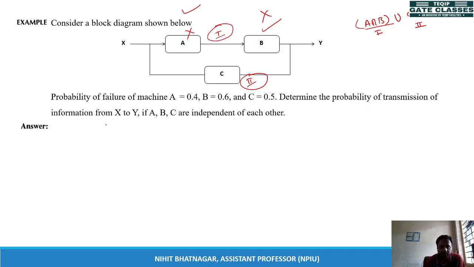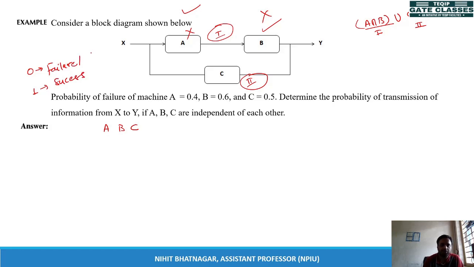So let's write the behavior of A, B, and C. Let's say I denote zero as a failure and one as a success.